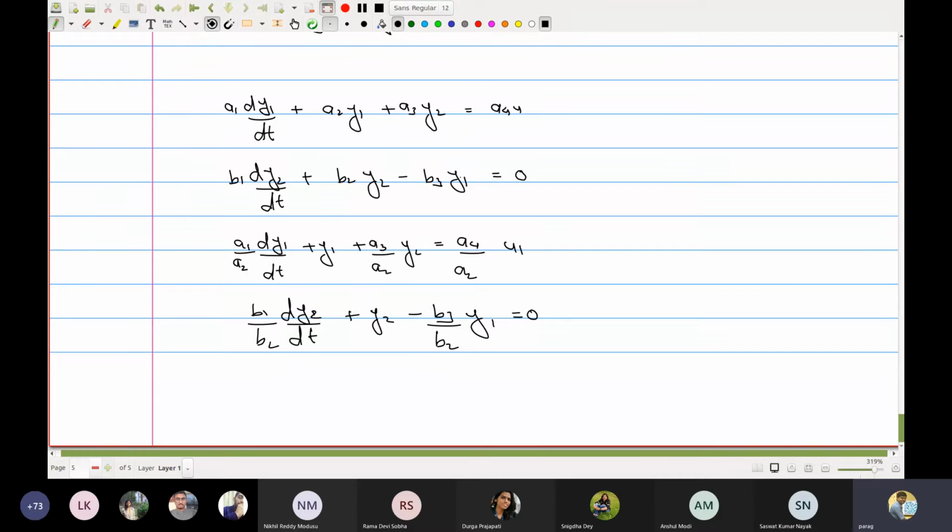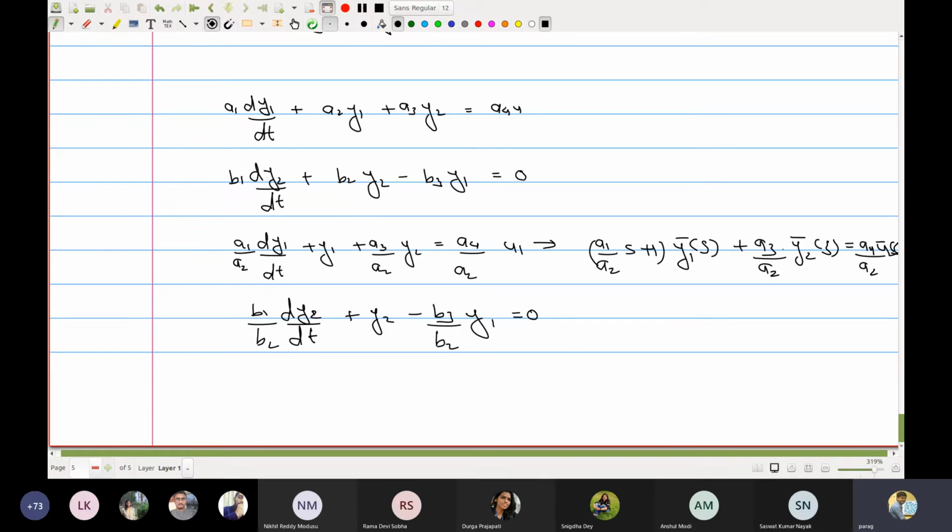So from here you can write this as a1 upon a2 s plus 1 times y1 bar of s, right, plus a3 upon a2 y2 bar of s equals a4 by a2 u bar of s, right?